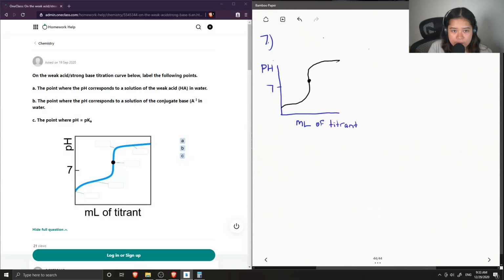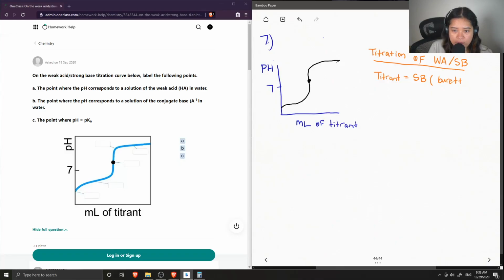So I'll just show that when we have a titration of a weak acid with a strong base, our titrant is the strong base, which is found in the burette.